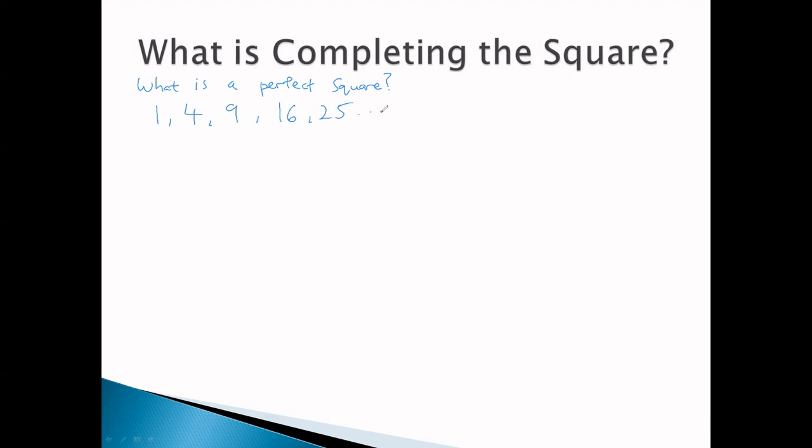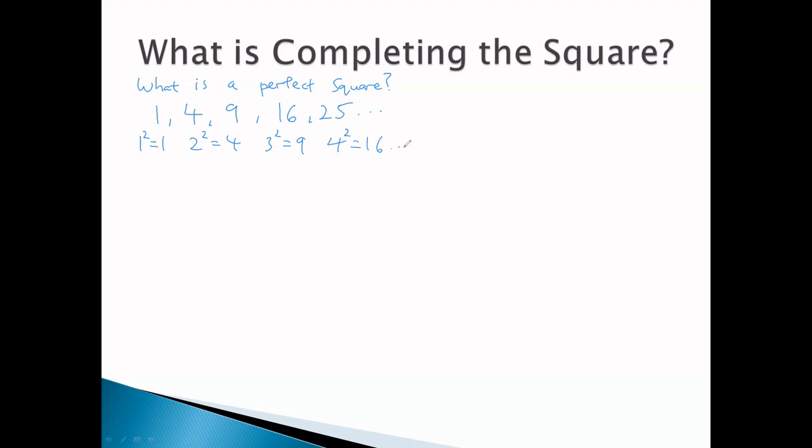Because 1 times 1 is 1, 2 times 2 is 4, 3 times 3 is 9, 4 times 4 is 16, and 5 times 5 is 25. Or I can write it as 1 squared equals 1, 2 squared equals 4, 3 squared equals 9, 4 squared equals 16, and so on.